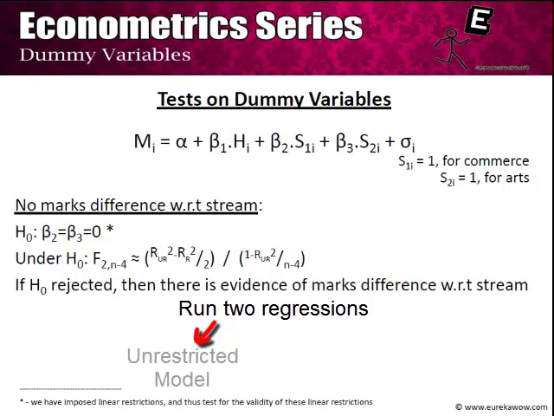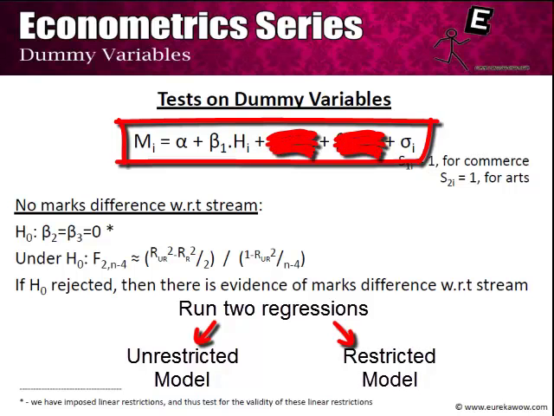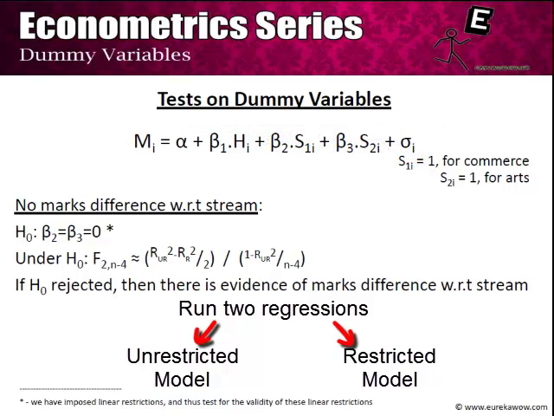One is the unrestricted model, which is Mi equal to alpha plus beta 1 Hi plus beta 2 S1i plus beta 3 S2i plus epsilon i, and the other is the restricted model with beta 2 equal to beta 3 equal to 0, that is Mi equal to alpha plus beta 1 Hi plus epsilon i. So we obtain the R squares for both of them, which are R squared unrestricted and R squared restricted.